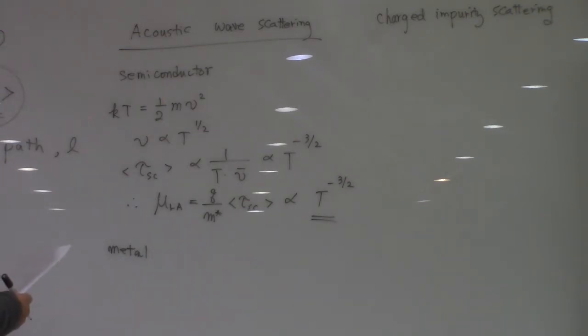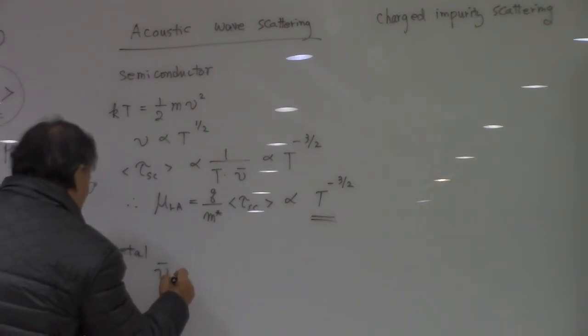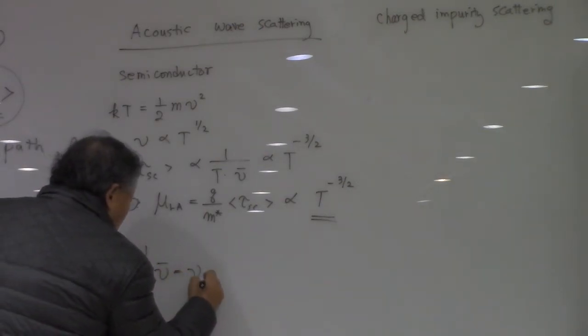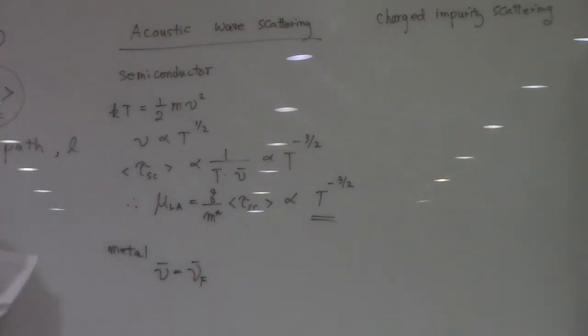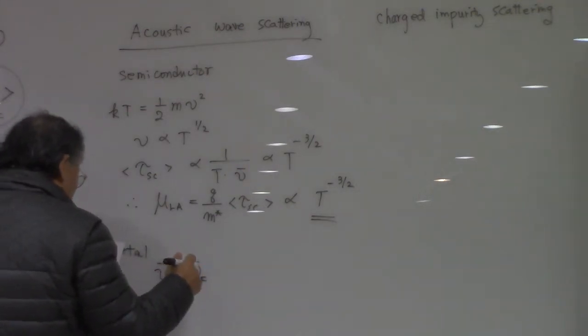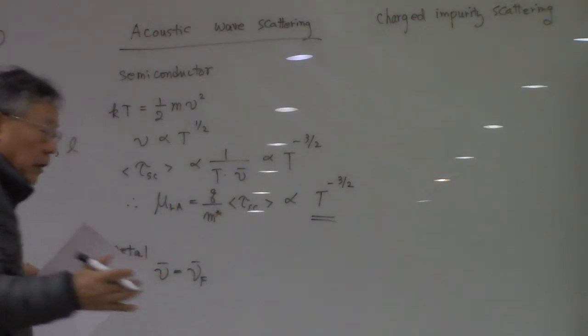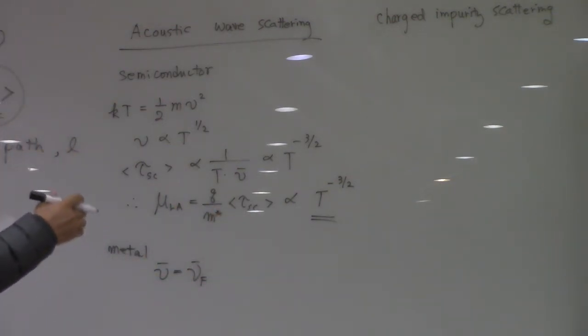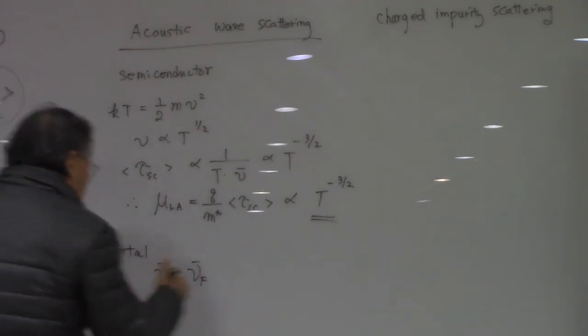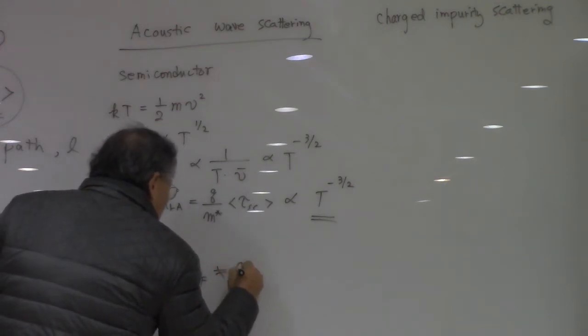In a metal case, for the velocity of free carriers, we should talk about the free carriers at the Fermi energy. Most of the free carriers are concentrated at the Fermi energy levels in a metal. And then we know this Fermi energy is not related to the temperature.